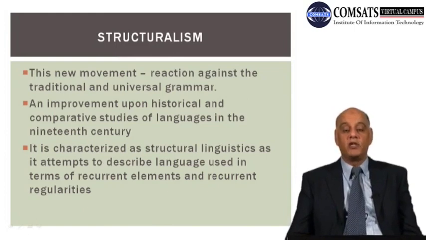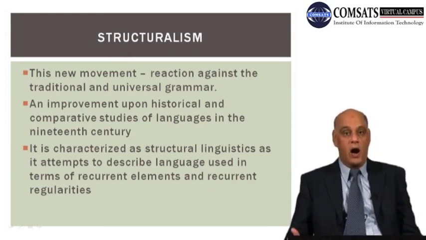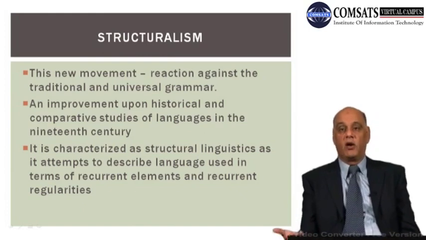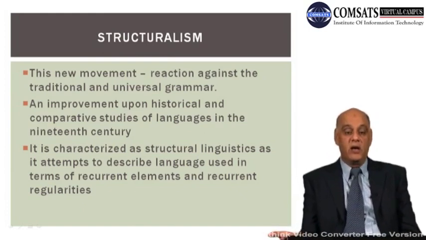This new movement was a reaction against traditional and universal grammar. The way traditionalists talk about grammar, they gave a lot of regard to written speech and to literary texts. They called it a very pure language, and they believed in the purity of language.